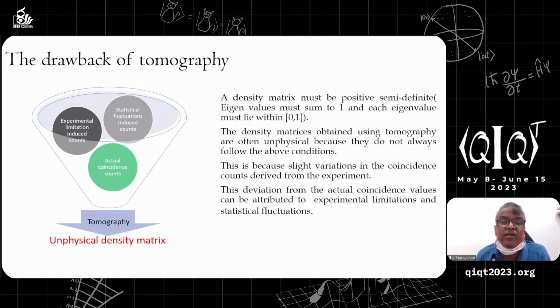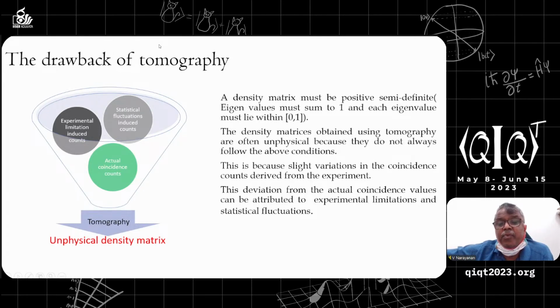All of them contribute to variations, or statistical fluctuations, in the observed experimental data. Even, as I said, the time-to-digital converter or the electronics contribute to the statistical error.